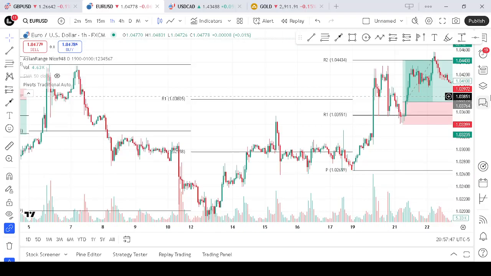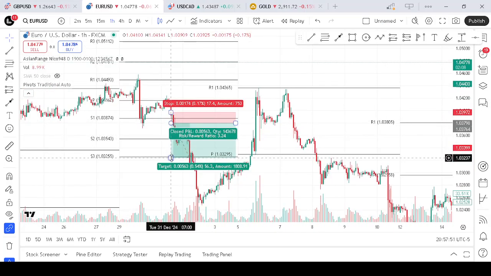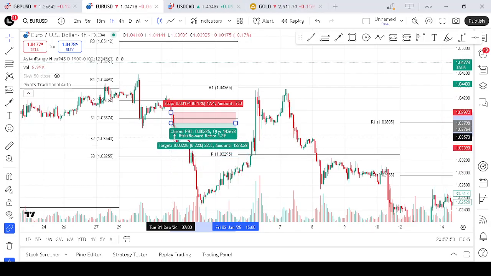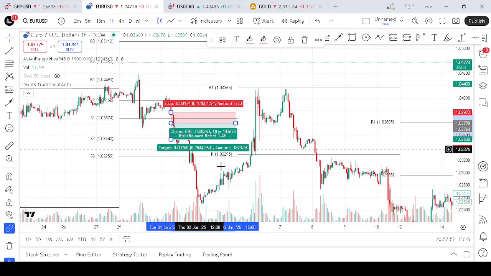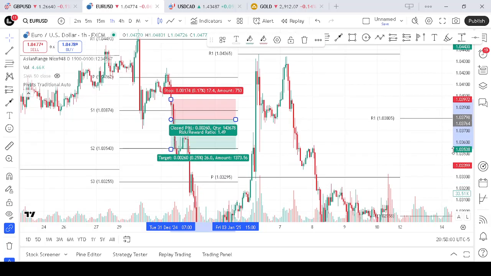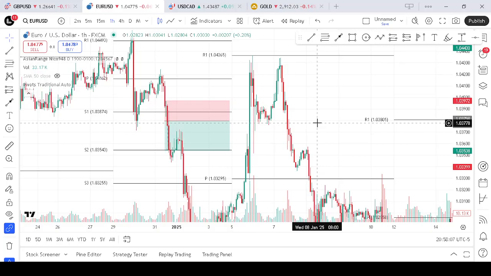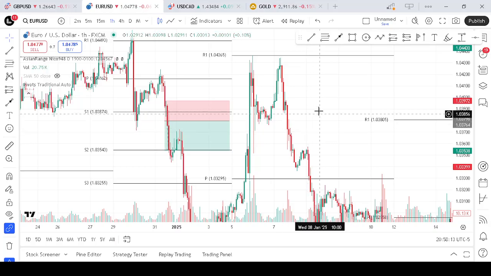If we break our S1, at least our next target point should be our S2 for take profit, keeping in mind that our risk to reward should be a logical area, where we are risking a certain amount and making twice or three times what we risk. The risk to reward ratio should be at a balanced side.